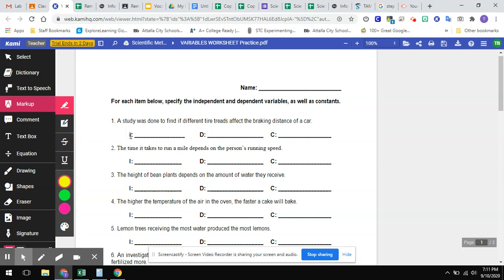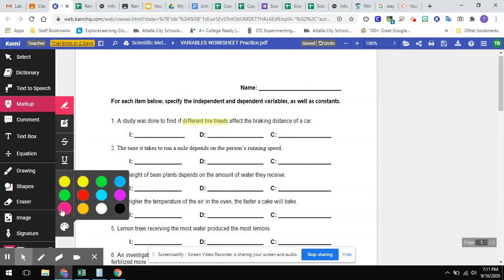So this is going to be something that I could change as the experimenter. Okay, so what I could change as the experimenter is I could change the types of tire treads. So that's going to be my independent variable. So that's what we go right here for this one.